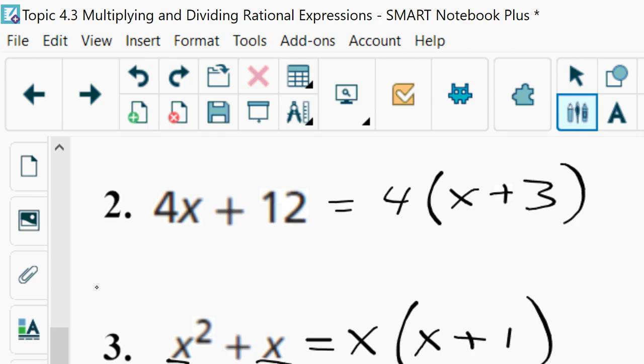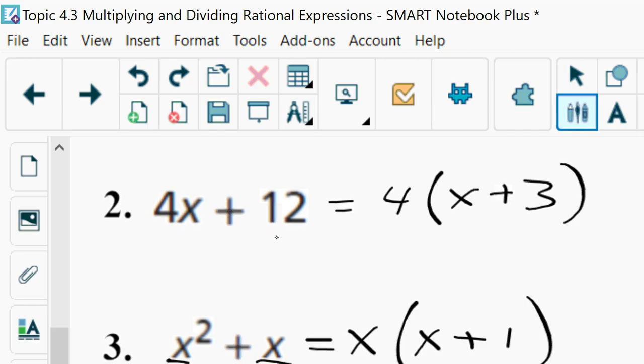I need to think of 2 numbers such that when I multiply them, I get negative 16, and when I add them, I get 0. The 2 numbers I like are 4 and negative 4. So that means this factors as x plus 4 and x minus 4.